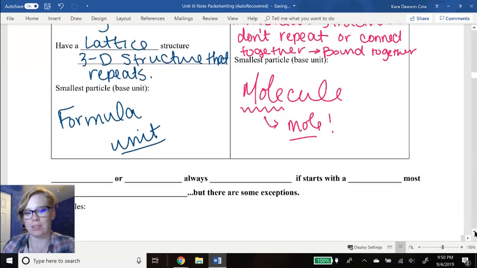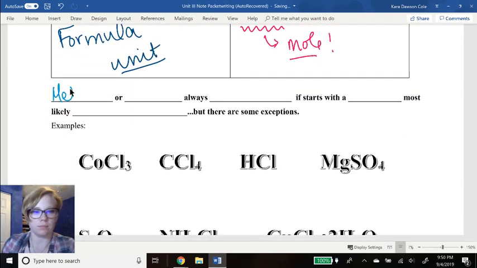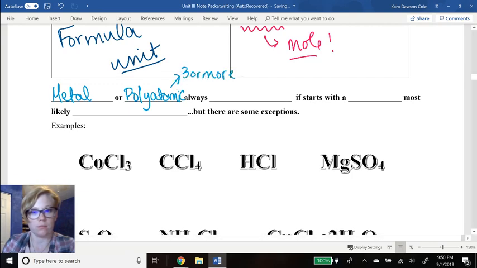So something to remember: if I have a metal or I have a polyatomic, remember this means 3 or more elements, it is always ionic. Always.